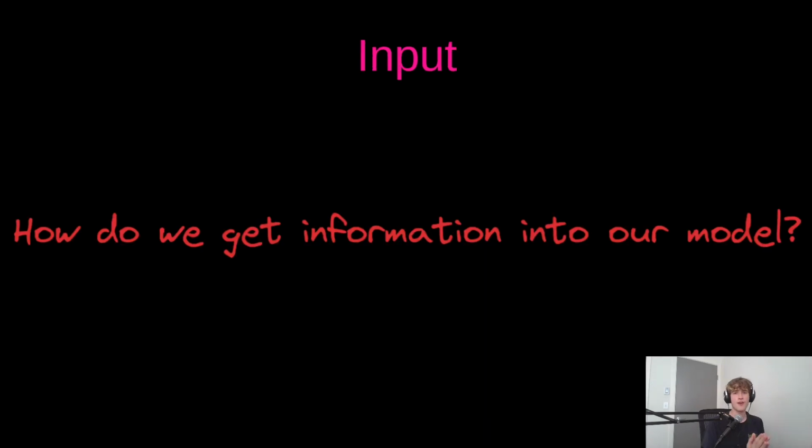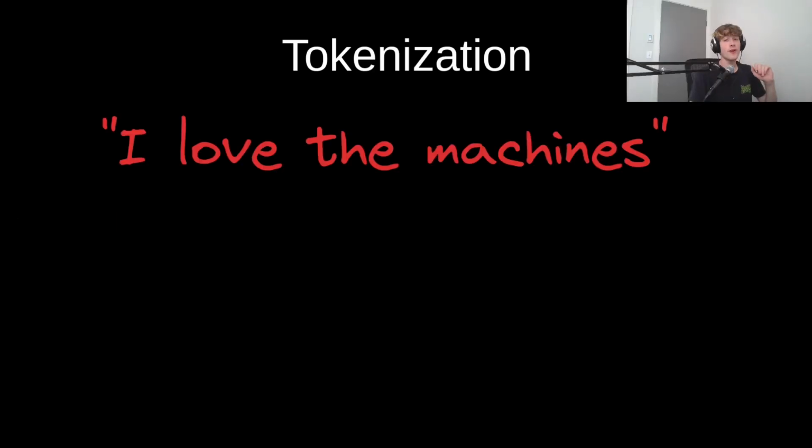Okay, so to start, we're going to try to build a very simple, fundamental language model, right? First things first is, how do we get information into our model? What are our actual inputs here? Well, what we're going to need to do is take input text, for example, "I love the machines," and convert that into a form that our ML model can actually use, right? So for something like "I love the machines," what we want to do is a process called tokenization.